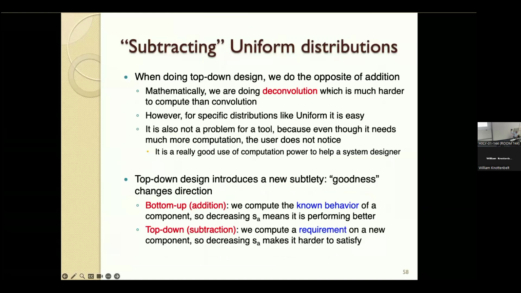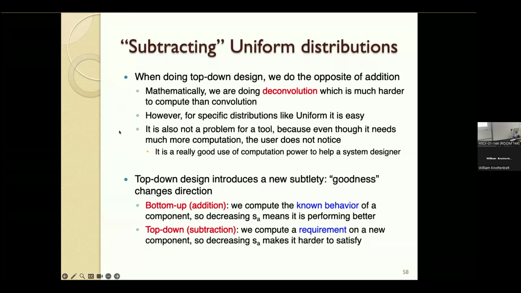When you go top down, very often you have to do a deconvolution. So you have to find the distribution which, when convolved with a given distribution, gives another one. That's mathematically quite hard to do. For specific distributions, it's easy. But for a software tool, it's not a problem. It's a lot of computation, but the tool can do that.